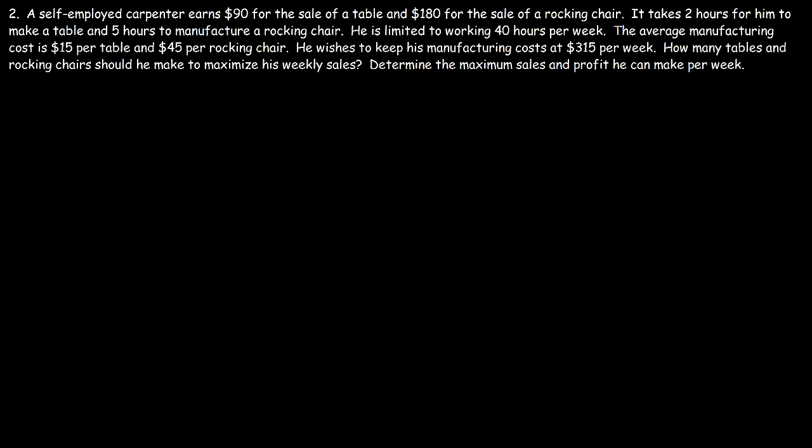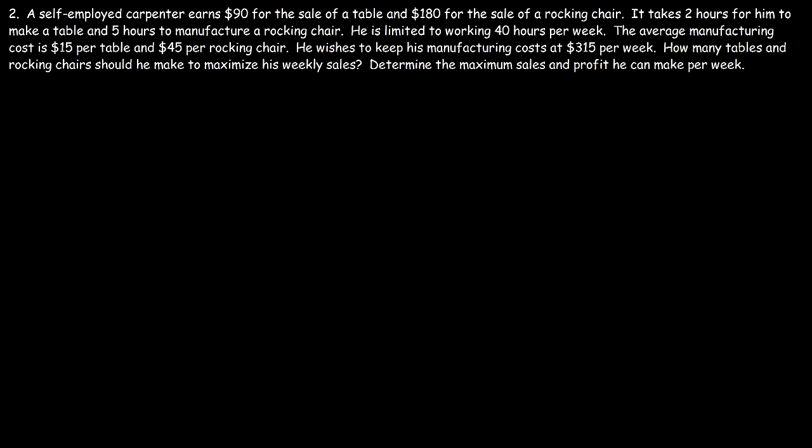A self-employed carpenter earns $90 for the sale of a table and $180 for the sale of a rocking chair. It takes 2 hours for him to make a table and 5 hours to manufacture a rocking chair. He is limited to working 40 hours per week. The average manufacturing cost is $15 per table and $45 per rocking chair.